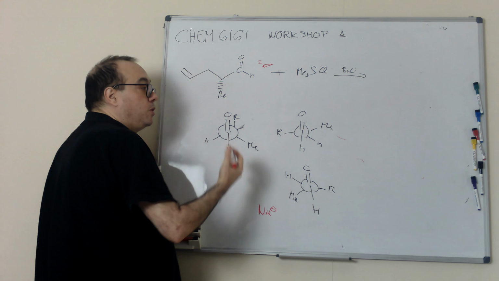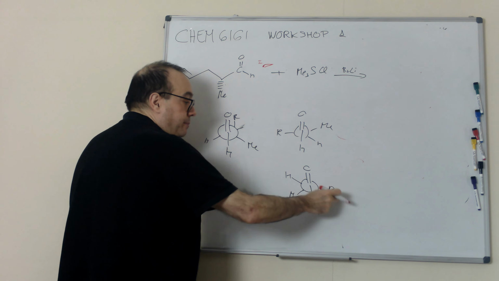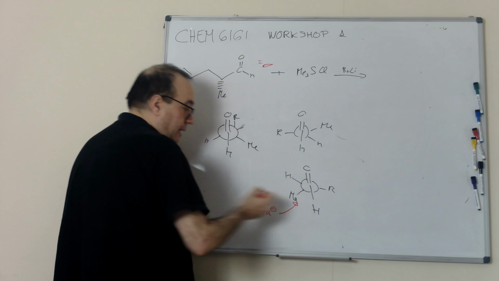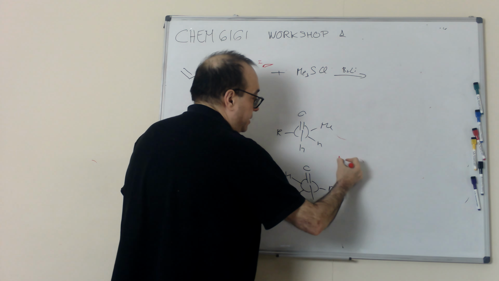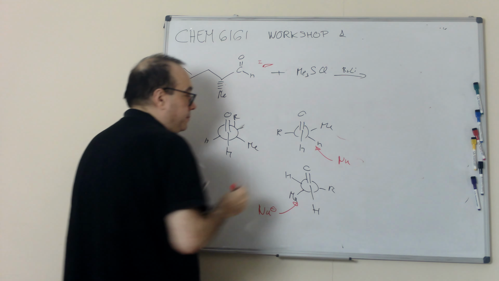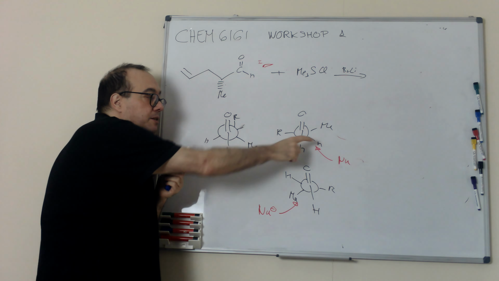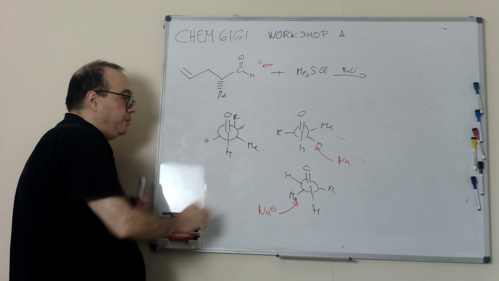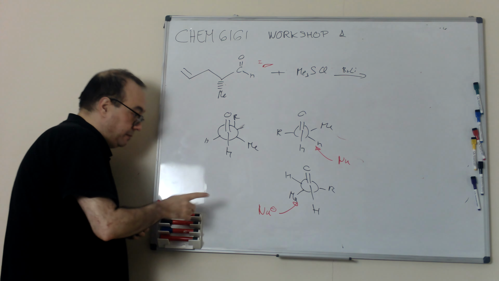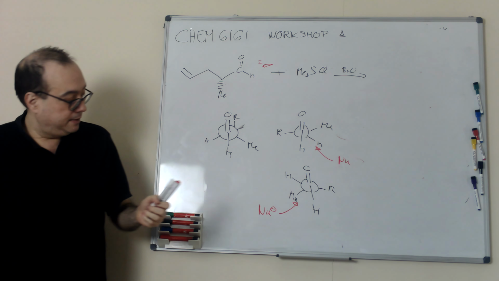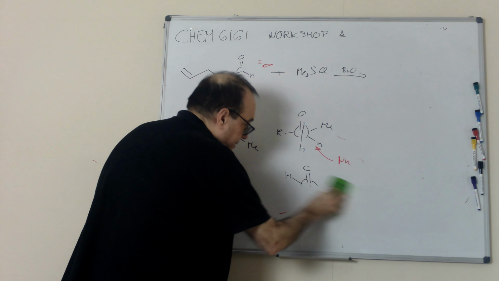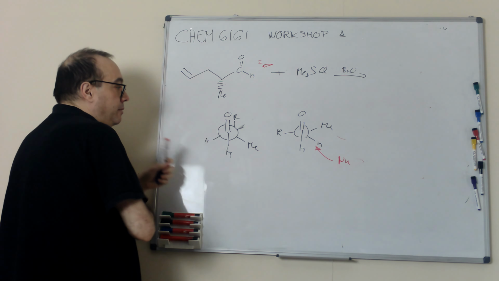Remember, the nucleophile has to come from the opposite side of the big group, following a Bürgi-Dunitz trajectory. Here it is crashing with the methyl, here it is crashing with the hydrogen. Obviously, this will be more favorable. That means that I can delete this. This is the one that we will use.